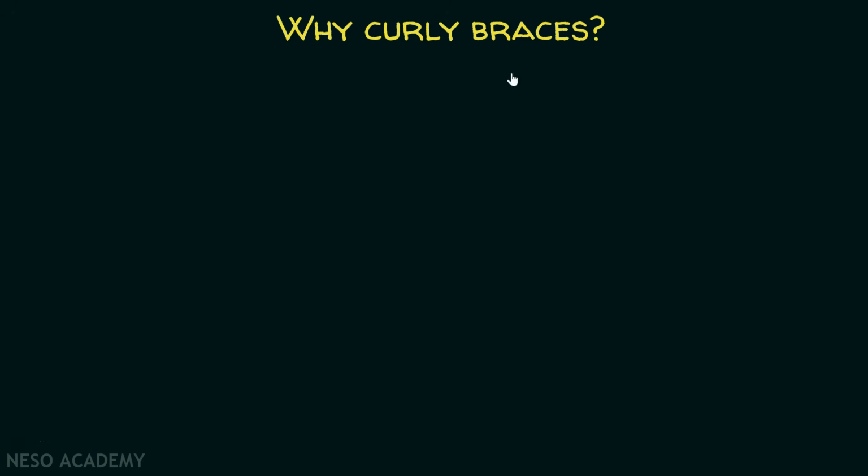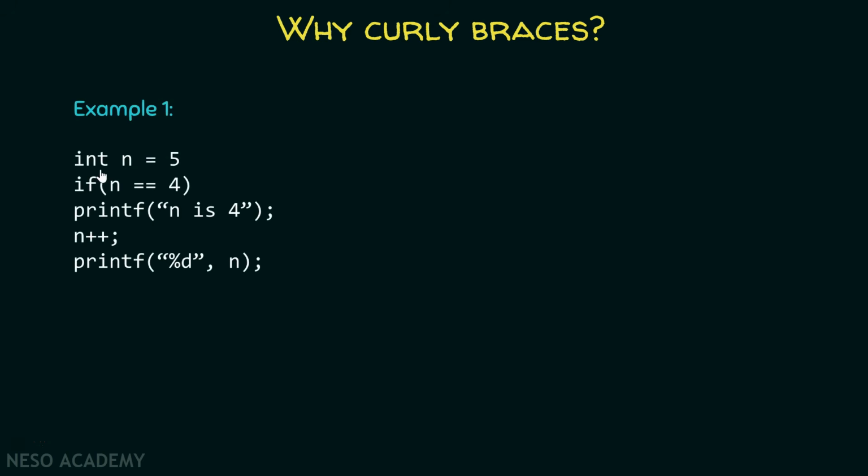Let's consider one example. Here in this example, as you can clearly see, I have declared a variable n and I have assigned it a value 5. After that, you can see there is an if construct, and this printf is part of this if construct. As we know, whenever we have a statement written immediately after the if construct, then that statement is always the part of that if construct only.